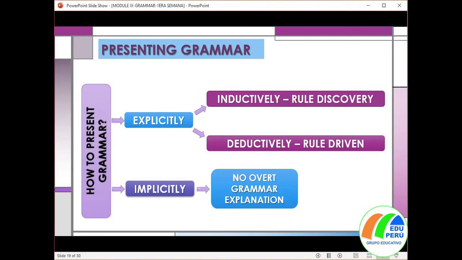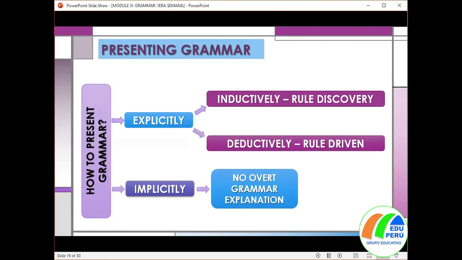So here we are going to analyze first these two aspects, the explicit and implicit. So this is going to be the topic for the next session. You're going to be inquiring what is explicit and implicit, inductive and deductive. I know that you know these terms, but now we are going to make a relationship with grammar teaching.